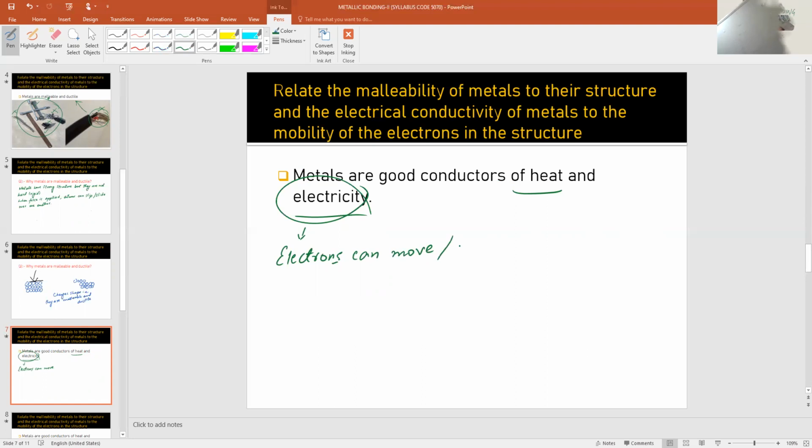Metals have delocalized electrons, or a sea of electrons.